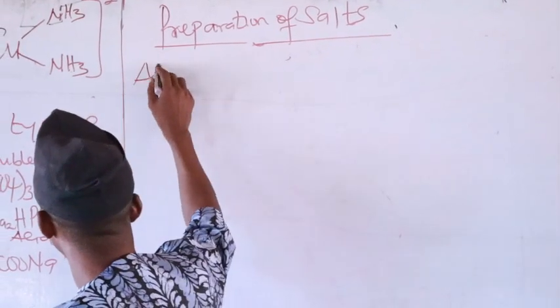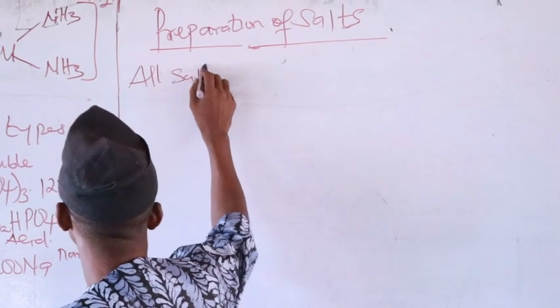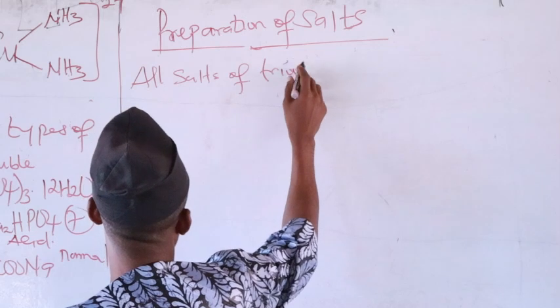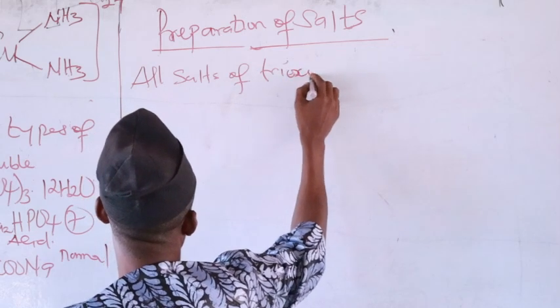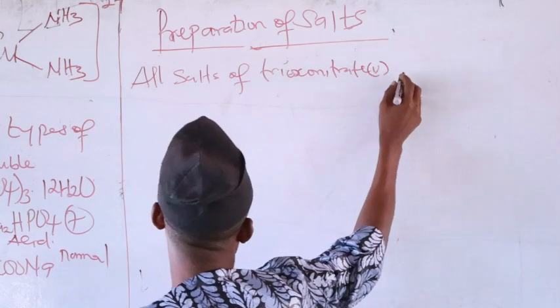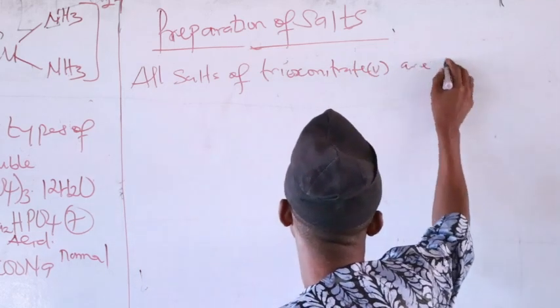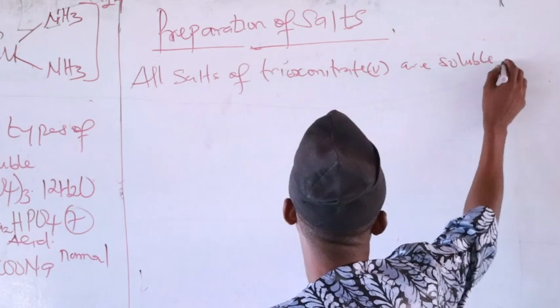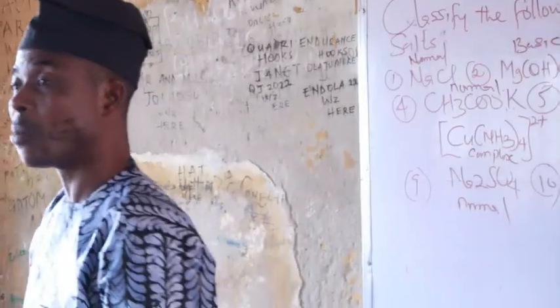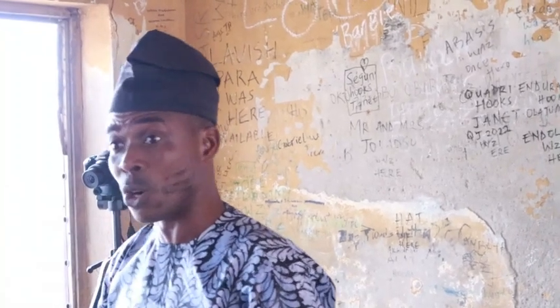Now let's look at all salts of trioxonitrate 5. They are soluble. That means all trioxonitrate 5 salts are soluble. So if you say potassium trioxonitrate 5, it is going to dissolve in water.